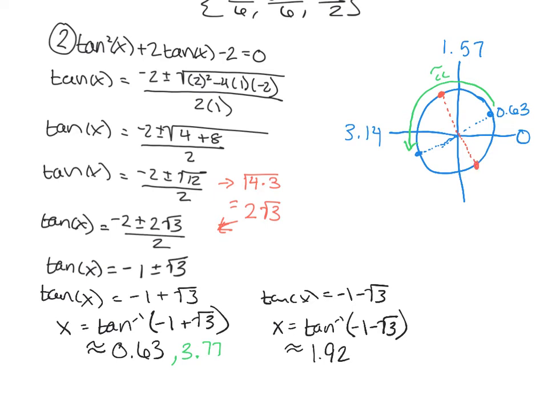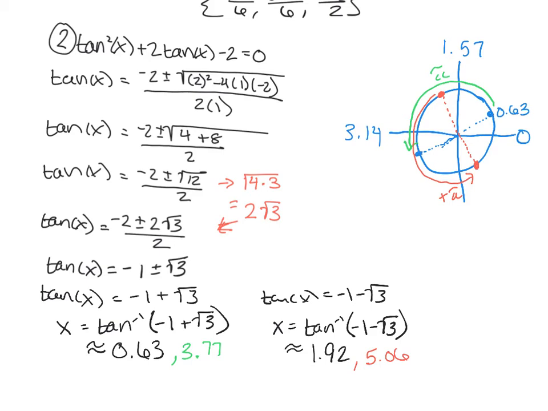So from this answer, that's my second one, I'm going to take that and again add pi. So my second answer for this one is going to be 5.06. So there we go.